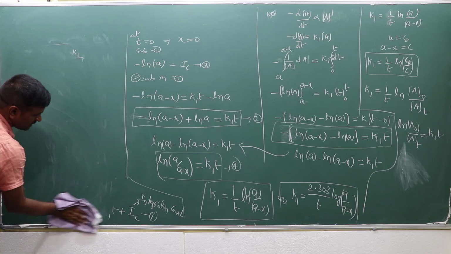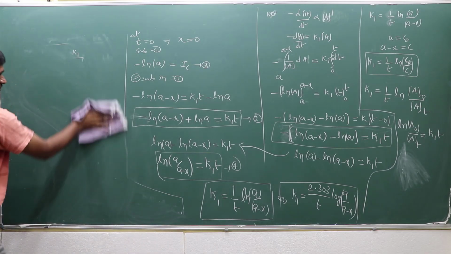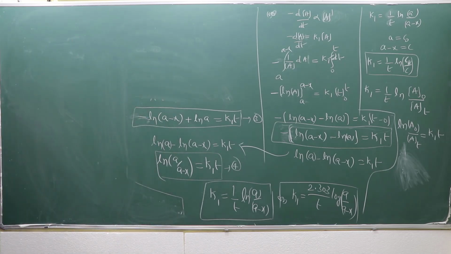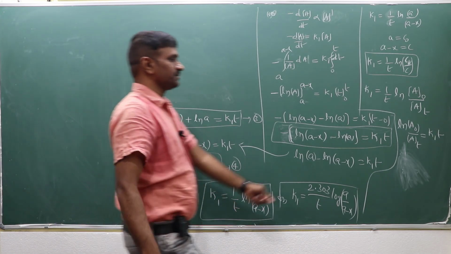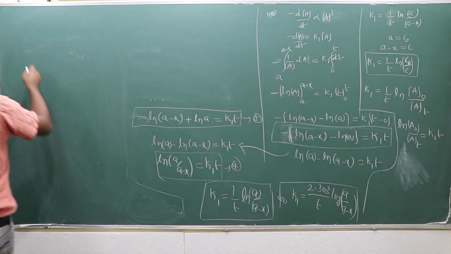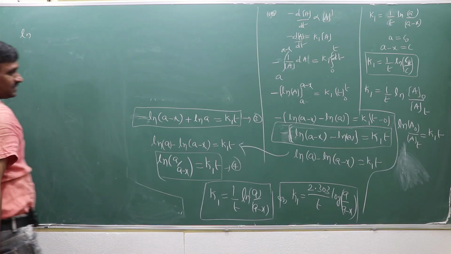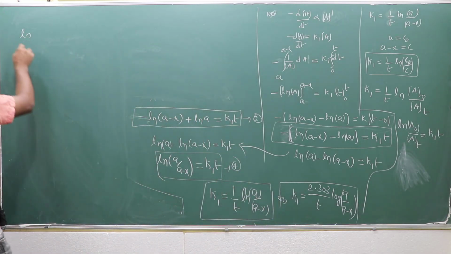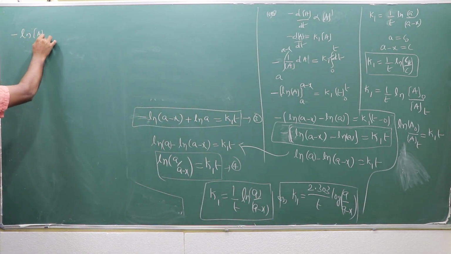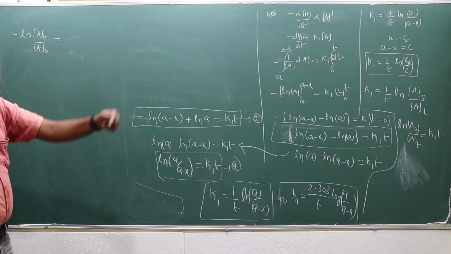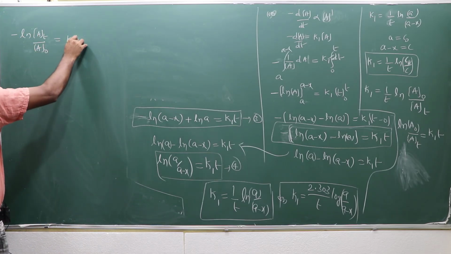Right? So listen to what will happen here. From this, ln A naught by At is equal to K1t. Then the numerator and denominator are interchanged, so a minus sign appears: minus ln At by A naught, the concentration of A at time t over the concentration at time 0, is equal to K1 into t.